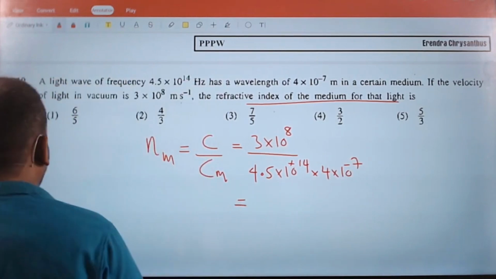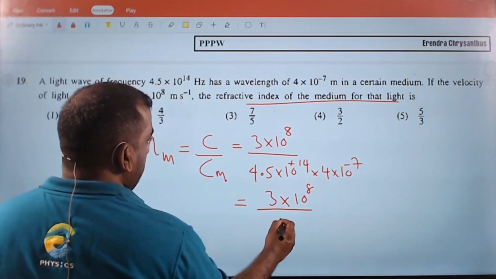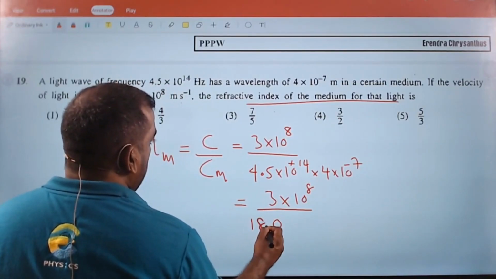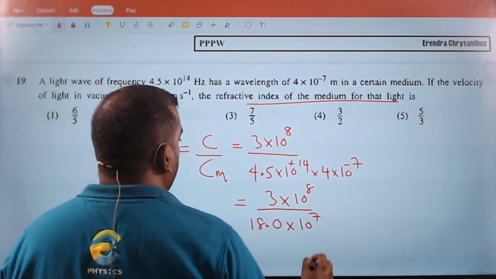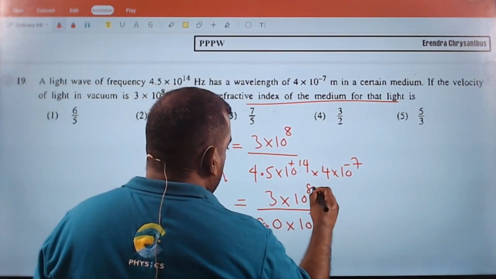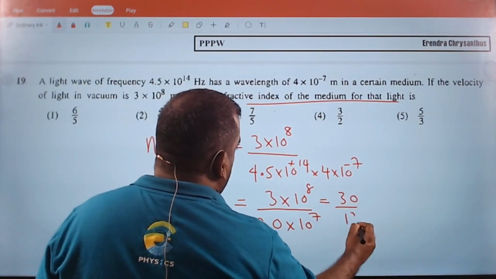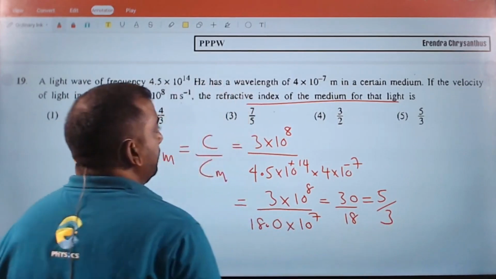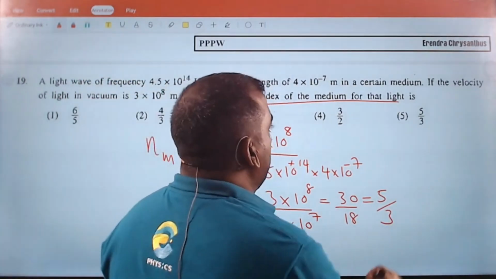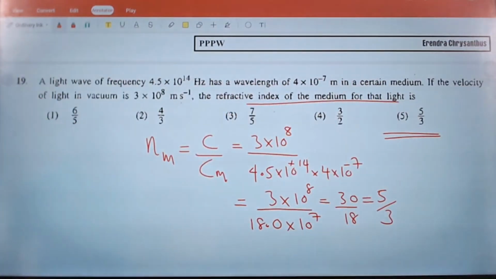Simplify carefully: 3 times 10 to the power 8 over 18 times 10 to the power 7, so 30 over 18, which is 5 over 3. Answer number 5.